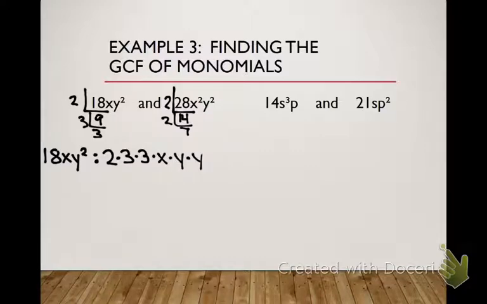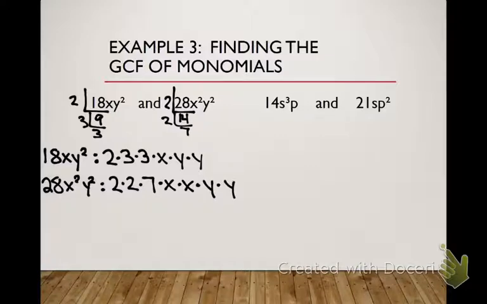Okay, so now we've written the whole thing expanded. And then 28x squared y squared is 2 times 2 times 7 times x times x times y times y.